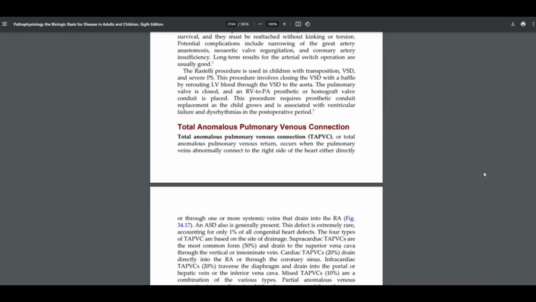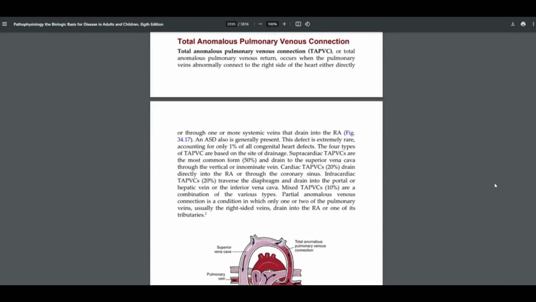Total anomalous pulmonary venous connection, or total anomalous pulmonary venous return, occurs when the pulmonary veins abnormally connect to the right side of the heart, either directly or through one or more systemic veins that drain into the right atrium. An ASD also is generally present. This defect is extremely rare, accounting for only 1% of all congenital heart defects.